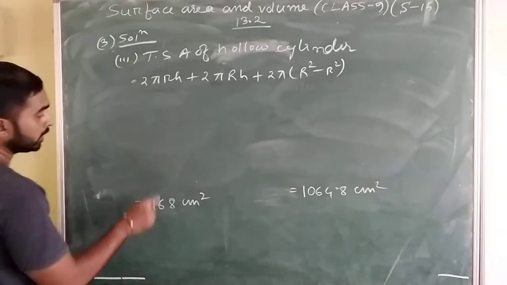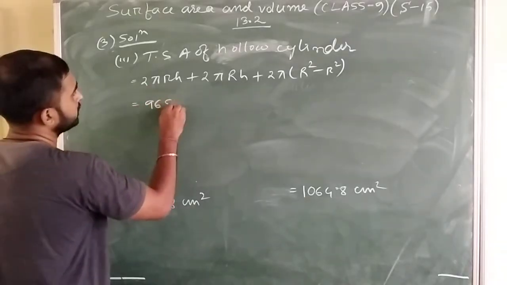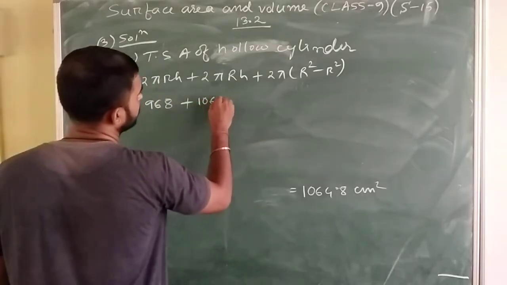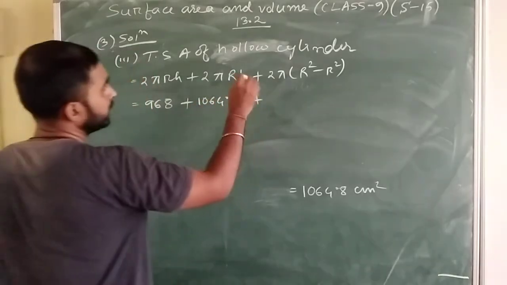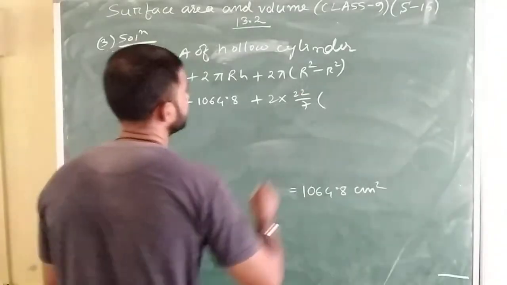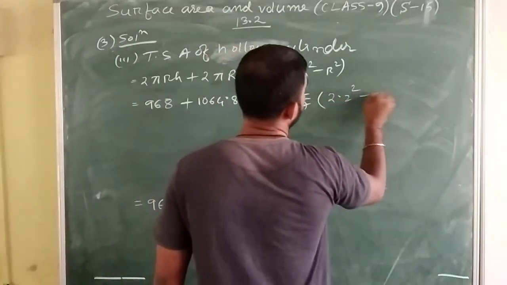Now 2 pi small r h equal to 968. This is the answer of the first part, and this is the answer of the second part, 1064.8. Now here, 2 into 22 by 7 into r square minus r square, where R is 2.2 and r is 2.